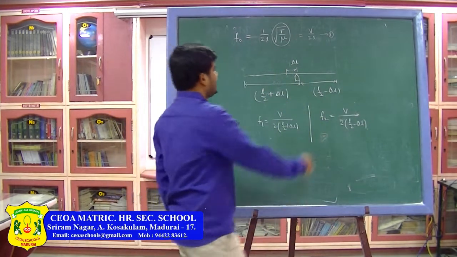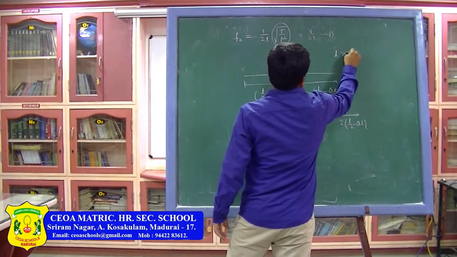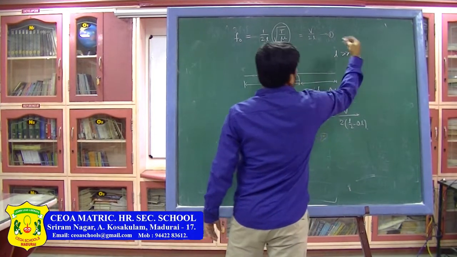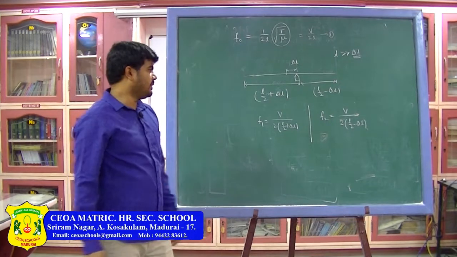The given condition is that L is very much greater than delta L. Now, let us find the beat frequency.